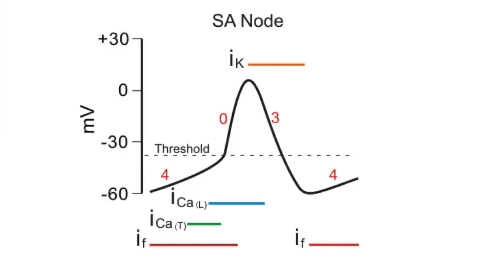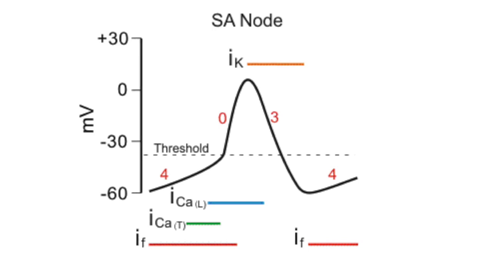So in that sinoatrial node, we have action potentials that look different from what you've seen before. You can see that this SA nodal action potential rises much more slowly. It doesn't have that steep upstroke, but more importantly, you see that it's never truly at rest. Even when the potential goes down to its most negative value, it's then drifting upwards. And that's what makes it a pacemaker cell.